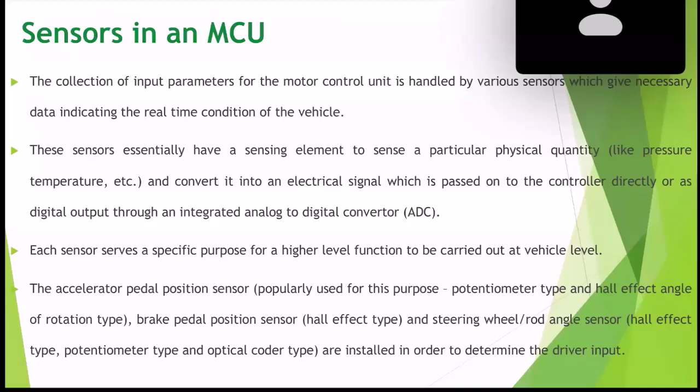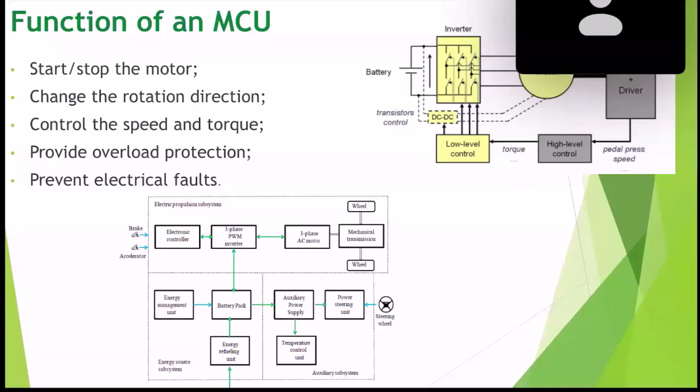If a gearbox is used, it includes the gear position or gear level. Similarly, braking, battery conditions, and many other aspects will be included. Depending upon the requirement, the motor control unit performs various functions like starting and stopping the motor, changing the rotation direction during reverse, controlling speed and torque, overload protection, and preventing any electrical fault.